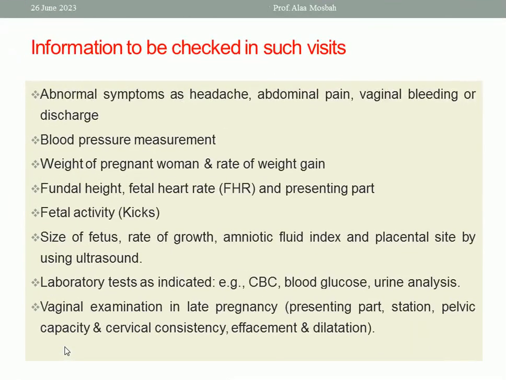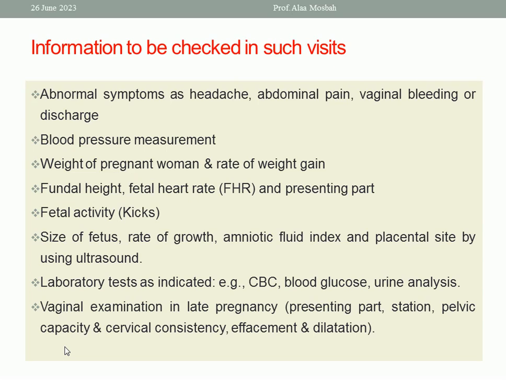What is the information to be checked in such visits? We summarized here in this slide information to be checked in such visits: abnormal symptoms like headache, abdominal pain, vaginal bleeding or discharge. Blood pressure measurement is very important to detect hypertension with pregnancy, preeclampsia.